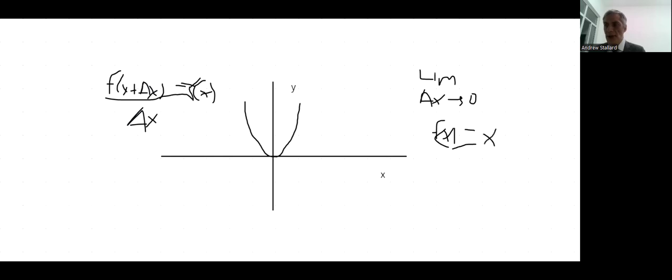I'm going to find the slope of this curve at, let's make this point here, x equal 3.